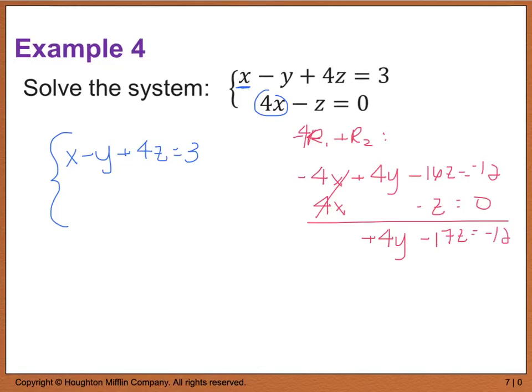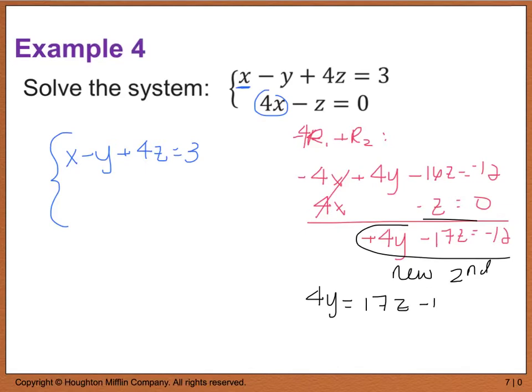Because I can't come up with a new third equation, and this here is my new second, I need to take my new second and solve for y. So when I do that, I end up with 4y equals 17z minus 12, or y equals 17/4 z minus 3.